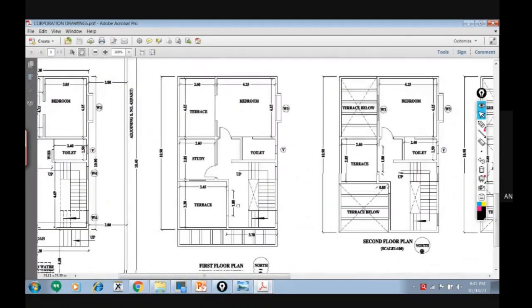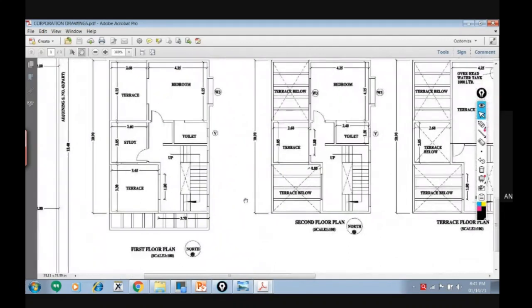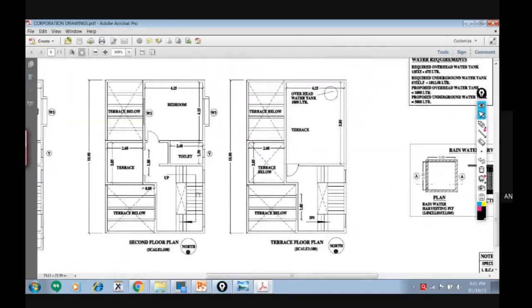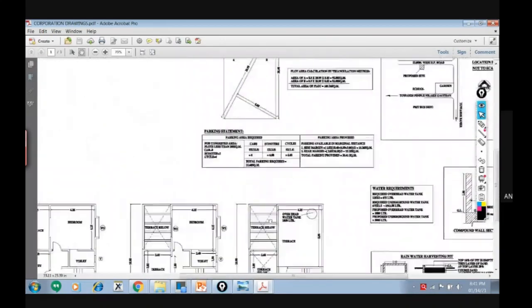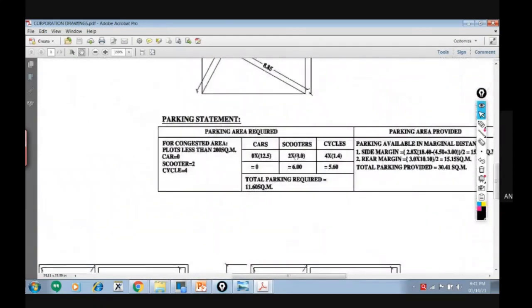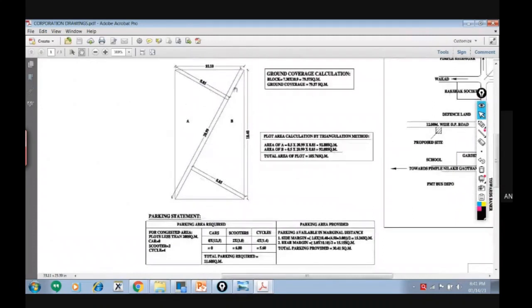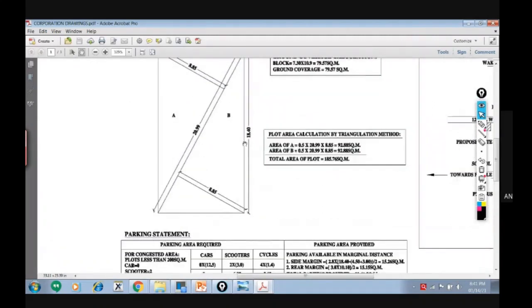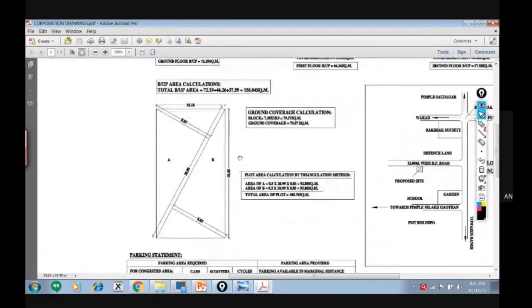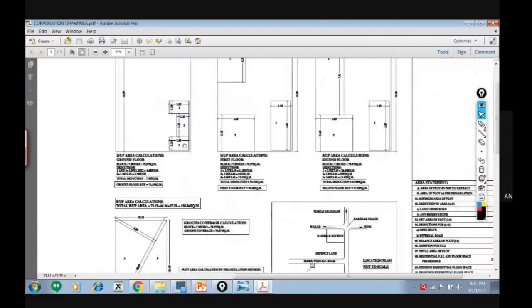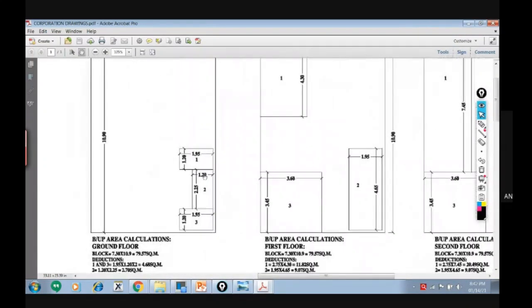then first floor plan, architectural plan, this is architectural drawing. Then second floor plan, then third floor plan or terrace floor plan. Then they are showing some car parking dimensions, scooter dimensions. Then they show the area statement by triangulation method. Okay. So these are the drawing types: architectural drawing, and these are the area calculation drawings.